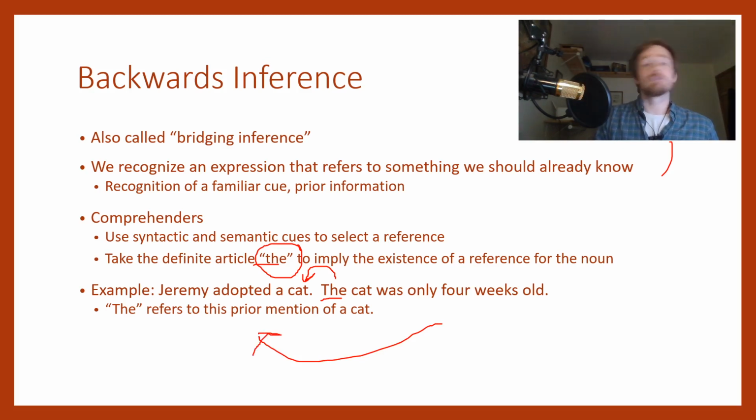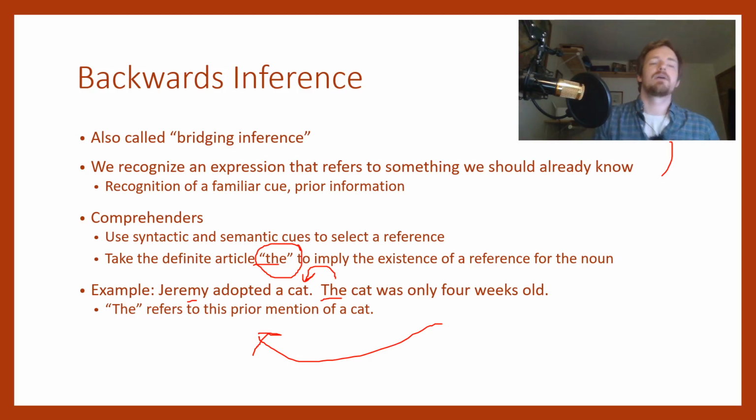You're going to see this a lot with pronouns. So if we're talking about Jeremy, and if he goes by he, him pronouns, we're going to say, Jeremy adopted a cat, his cat was 4 years old. We know exactly whose cat that was. We don't have to also say Jeremy's cat was 4 weeks old. We know that his, the pronoun, is referring back to that.